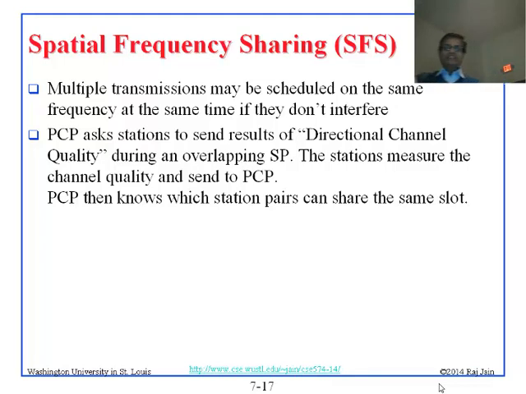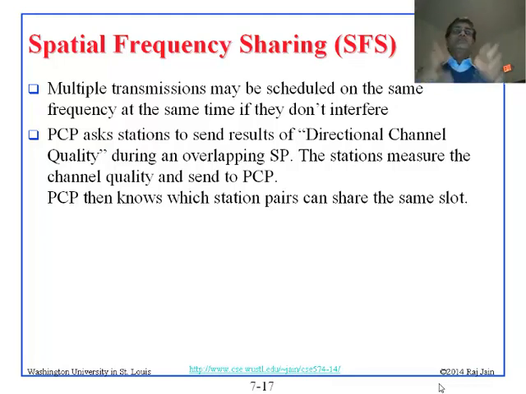Spatial frequency sharing. So one thing should be clear, and I have already said many times, multiple transmissions may be scheduled on the same frequency at the same time if they don't interfere. All right? And the PCP asks stations to send results of directional channel quality during an overlapping SP.